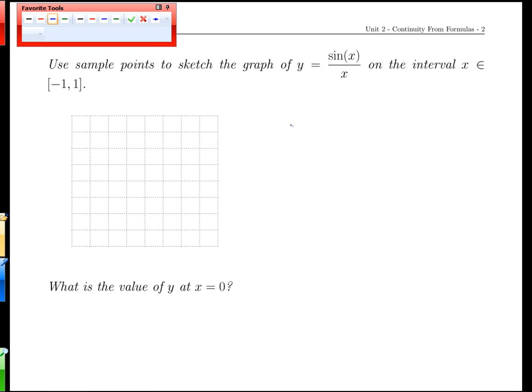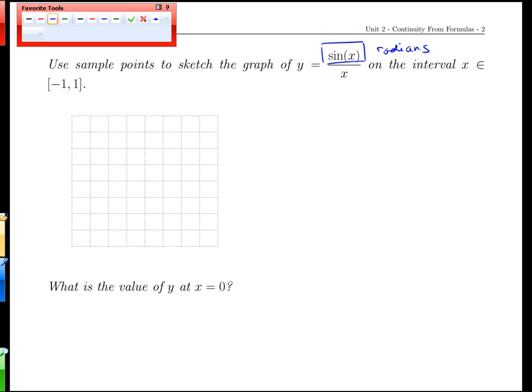So one of the ways to get our minds around this is to go back to our basic graphing techniques. What does this graph look like? It's a combination of a sine graph with a scaling factor. Well, if you don't know how to graph something, the obvious thing to do first is get some test points and see what they look like. Before we do that, though, one very, very important reminder.